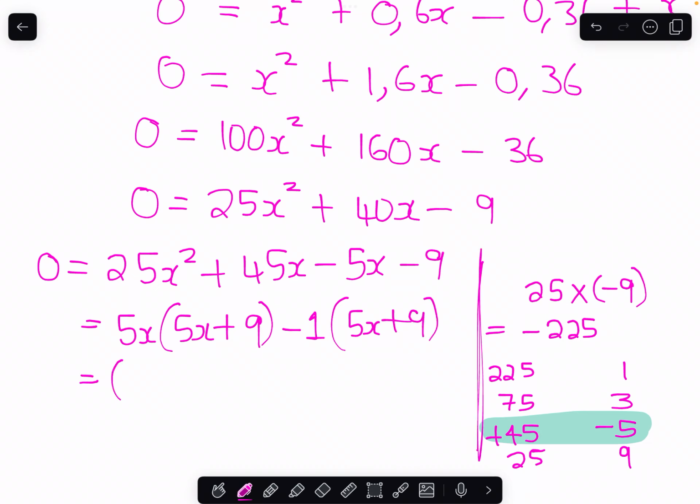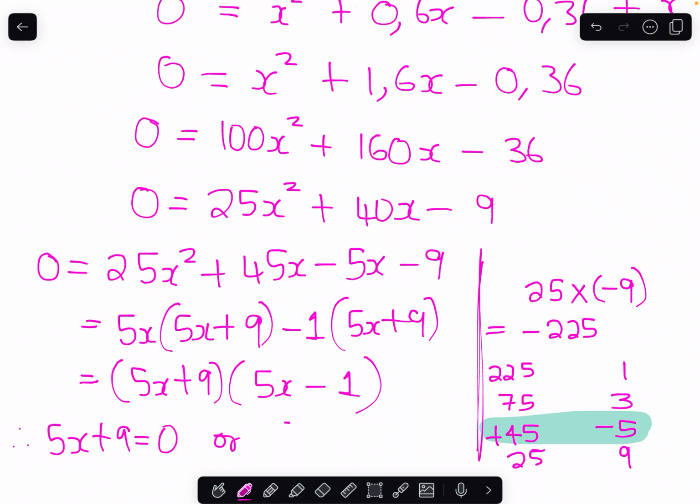And we now have a common 5x plus 9 bracket. First term leaves us with 5x, second term leaves us with minus 1. So that means either 5x plus 9 is 0 or 5x minus 1 is 0.